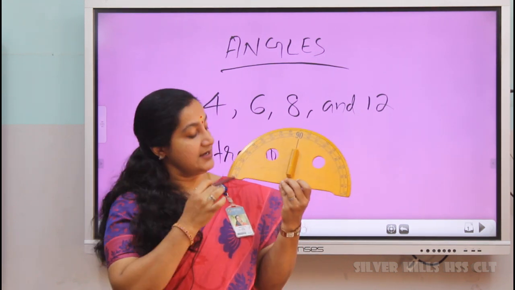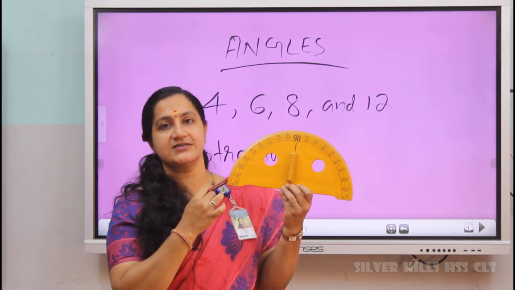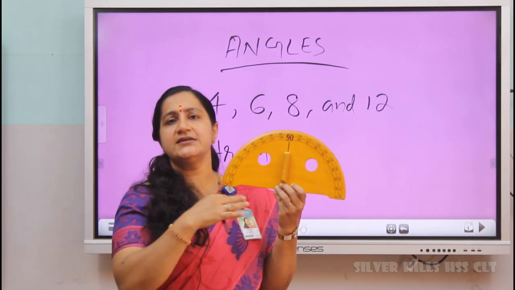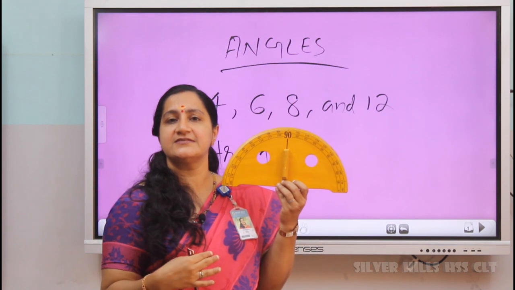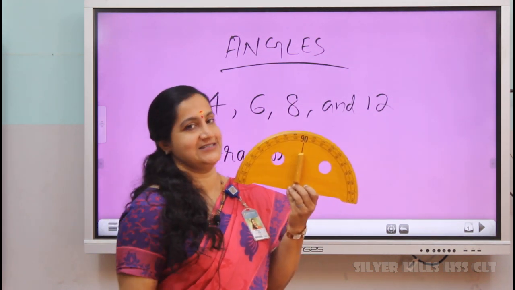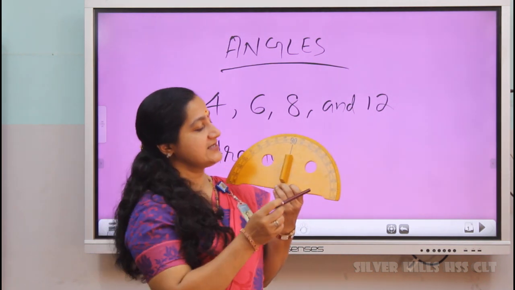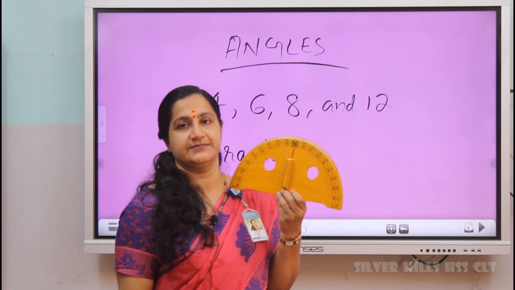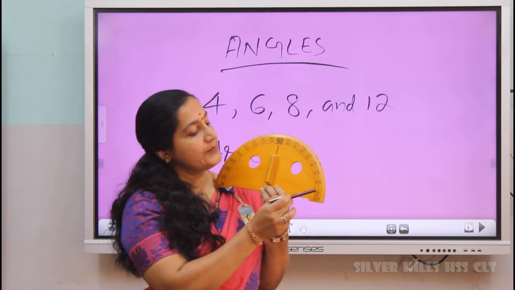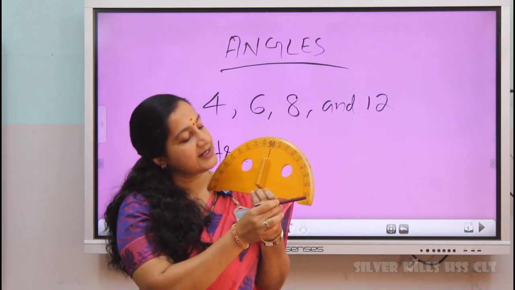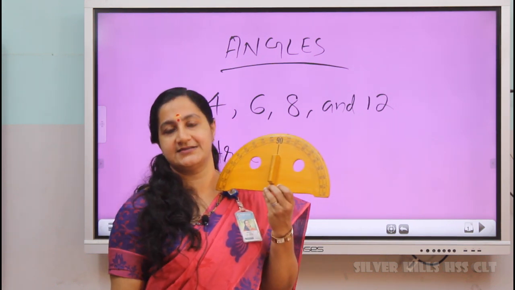And you can see on the left side also it is written 0 to 180. Why is it written on the right side as well as the left side? We will discuss later. I will show you the purpose later. Okay. Now see, what about the unit of the protractor? Between 0 and 10, you can see there are 10 small lines.